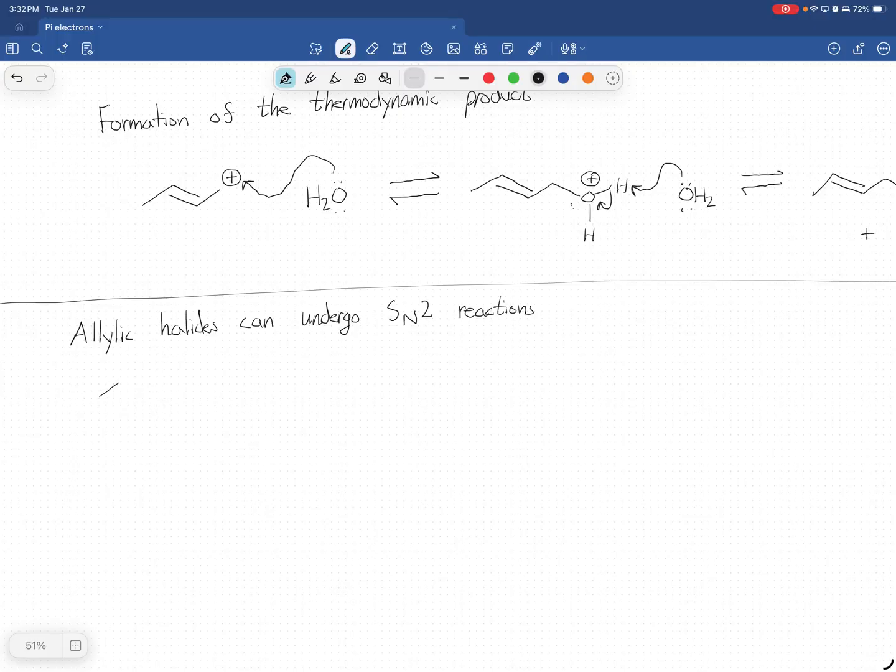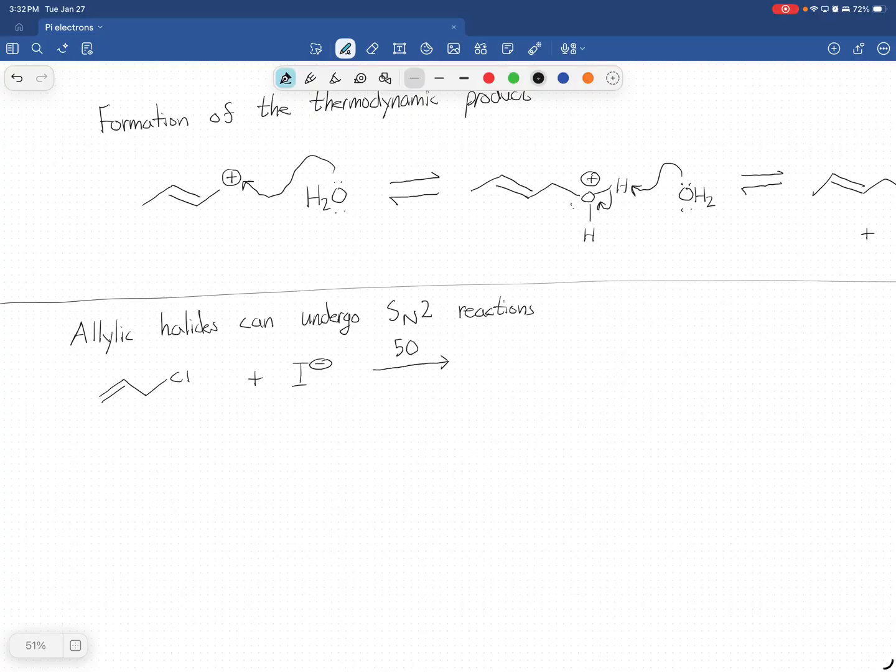We'll talk a little bit about why this happens. If you have an allylic chloride here, and you have a good nucleophile and a good leaving group, chloride, remember, the conjugate base of a strong acid, a great leaving group, a very stable conjugate base.